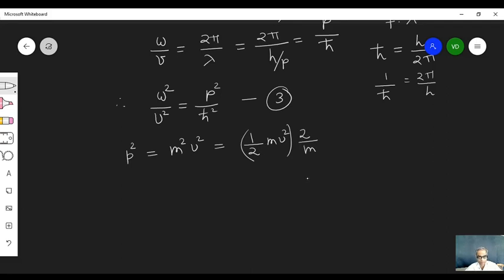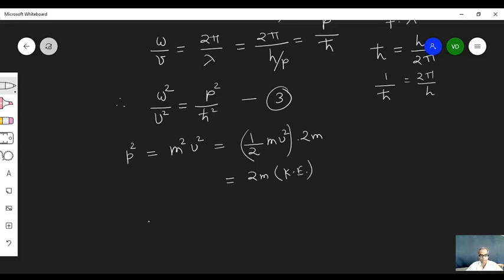That is the kinetic energy, half mv square, and I have just arranged the term. This should be 2m. So half mv square into 2m will be the same value. So I can write this as twice m into kinetic energy.